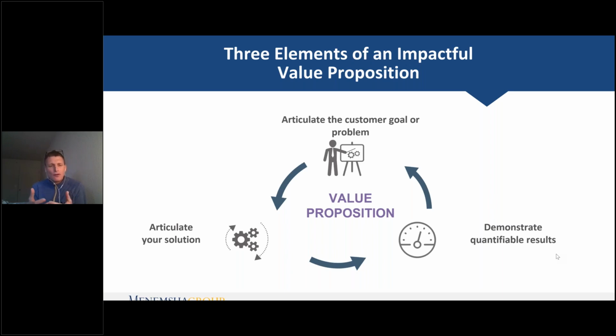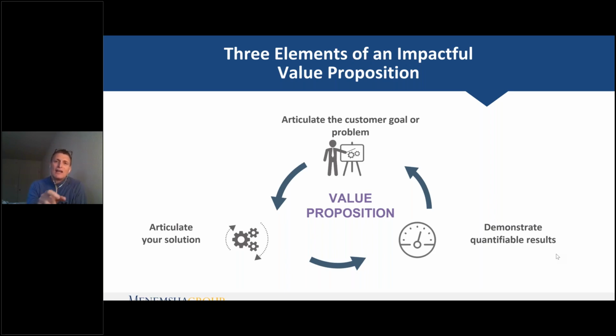Your value proposition should include a couple of key components. If the buyer persona that I'm calling on and selling to is the director of DevOps, that director of DevOps needs to hear from me how I've helped other directors of DevOps solve a specific problem unique to running a DevOps team. So I have to articulate a problem that I've solved for others.